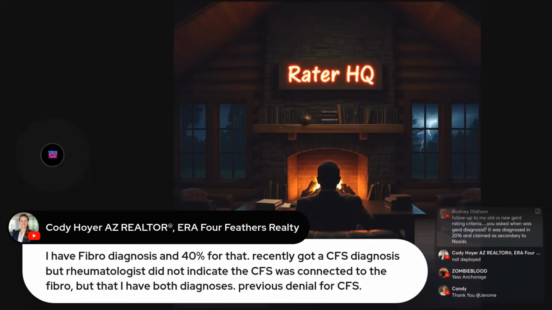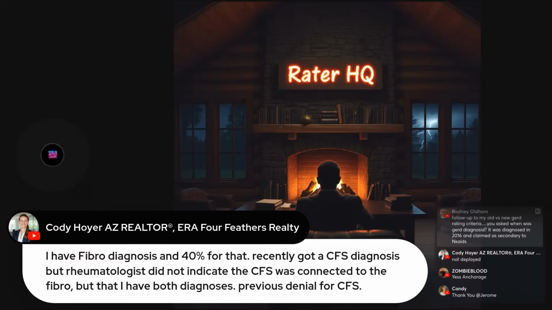So them associating those two, they will not have a foundation to know whether or not it is a common secondary or it's not. So find any articles that show, maybe the correct demographics, stuff like that, that point to how fibro could cause your chronic fatigue syndrome.